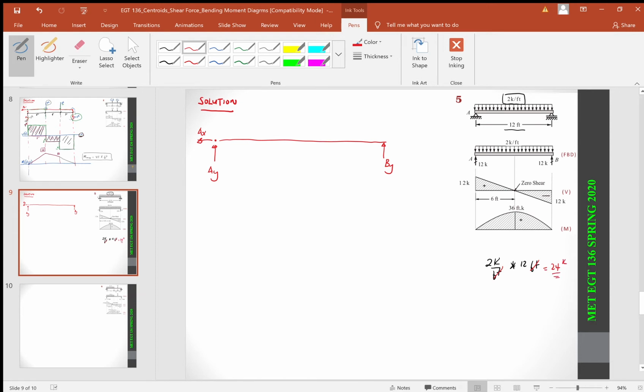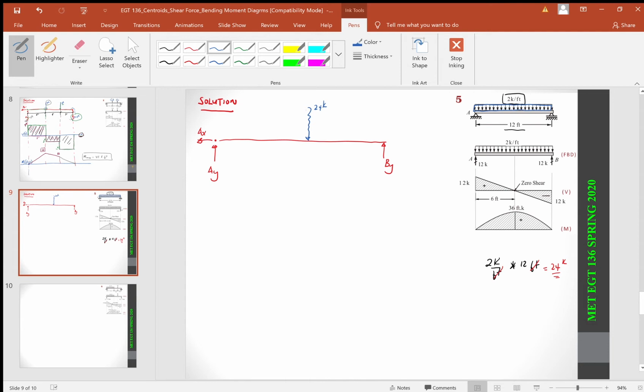So this 24 kips is going to be located at the centroid, or at the middle. For a rectangular shape, you remember in our centroids, we noticed that the centroid is located right dead in the middle, right?